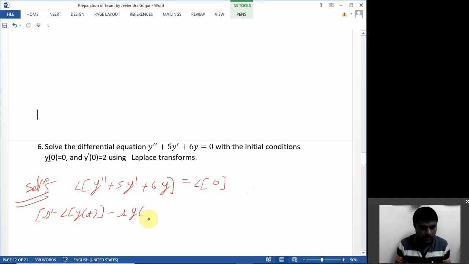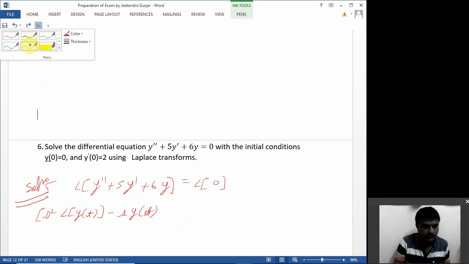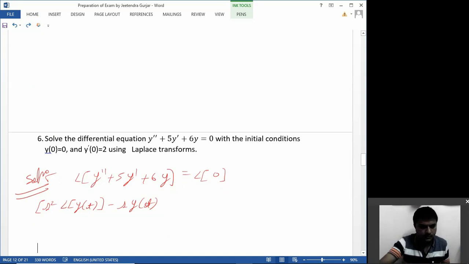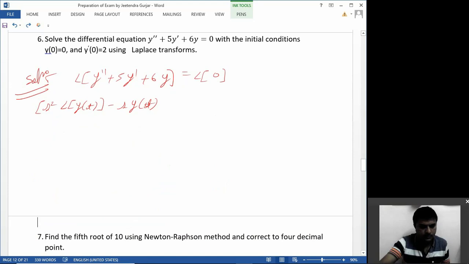Minus s y(0), minus y'(0), substitute in the formula, students.